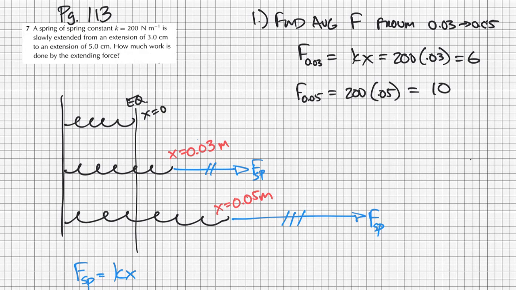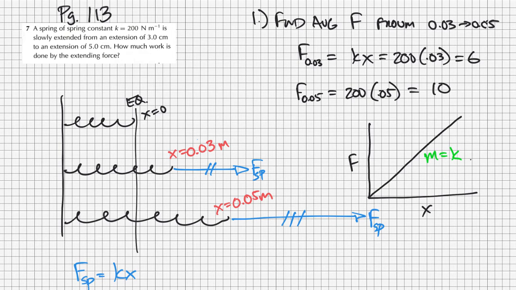Hooke's law gives me an equation of F and X, and it has a line that looks like this, where my slope is my K value. So what's the average force that's applied? The force increases linearly with the displacement, with my slope being my K value.